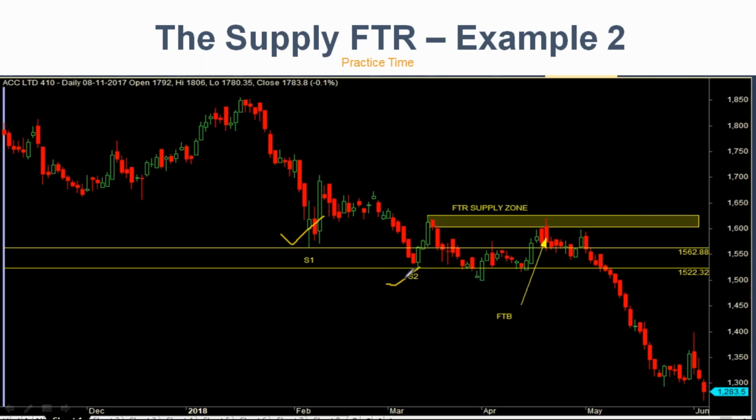Find from support 2, price went up, formed a base, broke support to here. So then what happened? I went reverse to the origin of that particular break. This is the point, so I mark my FTR supply. When price comes to this point, that is FTB, that's where I take my trade. It reacted to me. This is my short entry. This is my stop loss.